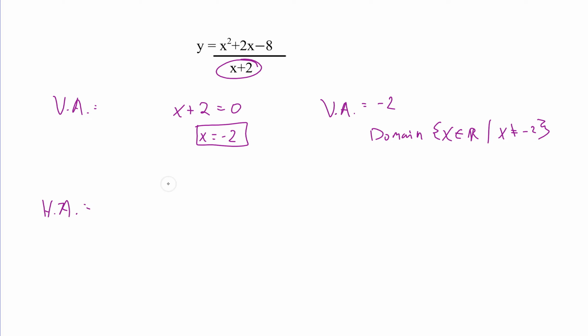Now for the horizontal asymptote, we're going to take our function y is equal to x squared plus 2x minus 8 divided by x plus 2, and we're going to look at the leading degree. So x to the power of 2 is our highest degree. Therefore, we're going to divide each term by x to the power of 2.